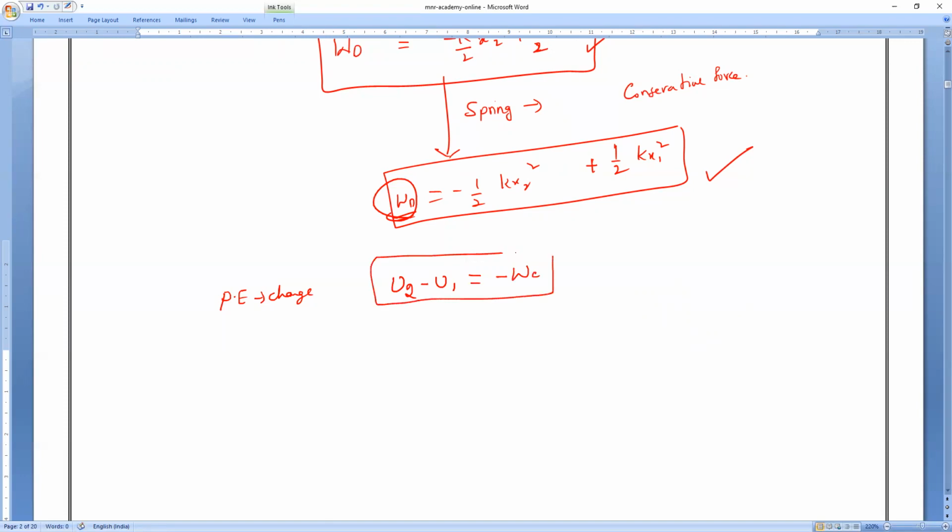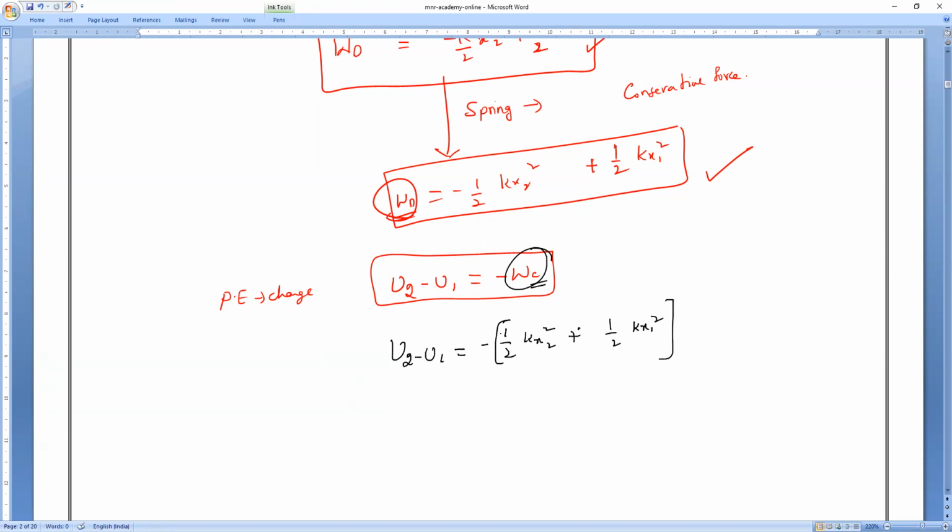Work done by what forces? Work done by conservative forces. That is equal to how much? Minus of this one, so it will turn into minus of half into k x2 square plus 1 by 2 k x1 square.